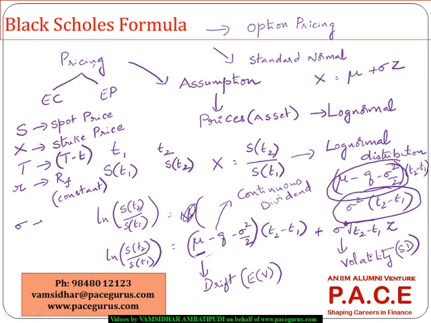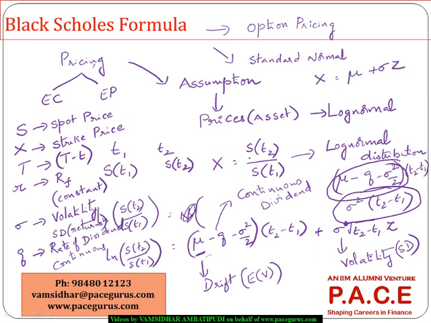Then the sigma, which we are calling as the volatility of the asset returns, even here the volatility which is coming out with respect to the standard deviation of the returns of the asset, again this is assumed to be constant over the period. And finally I am looking at Q, which is the rate of dividend declared on the underlying asset which is paid on a continuous basis. So these are some of the important aspects that go as a part of the Black-Scholes formula.